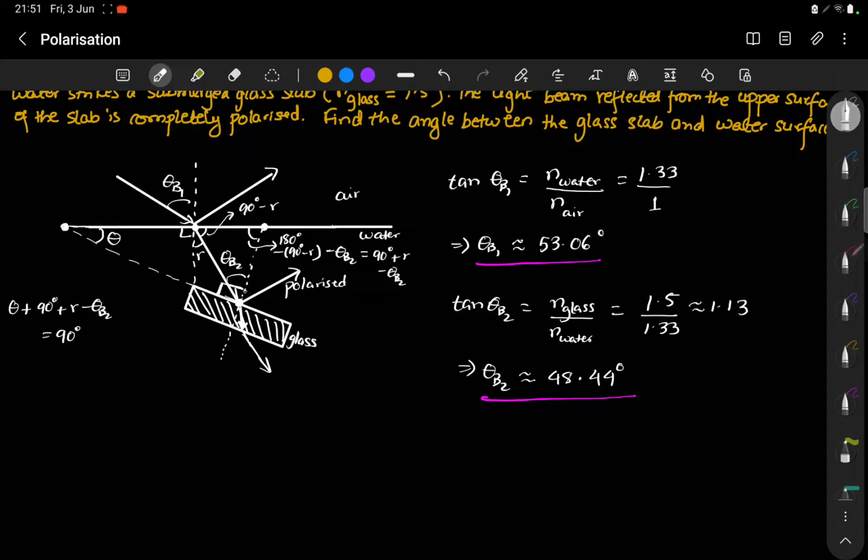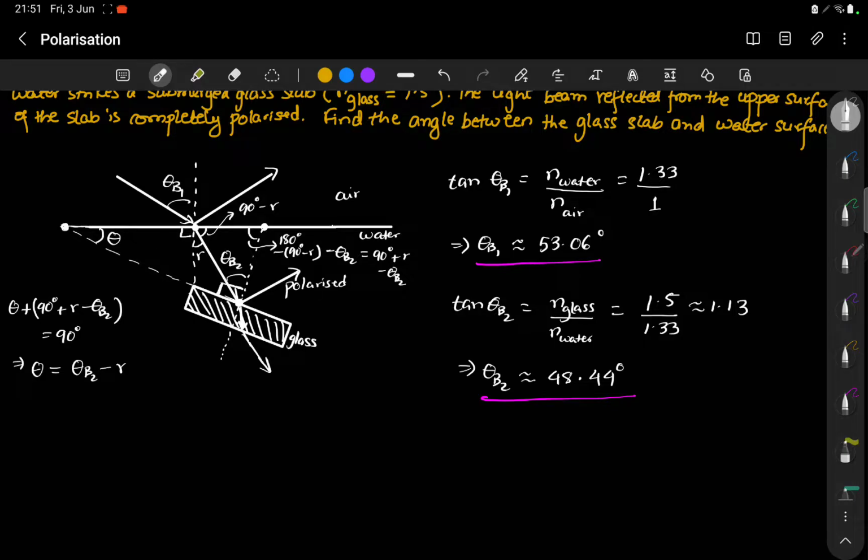So this gives us theta is equal to theta B2 minus R. We have found theta B2 and we now need to find R.